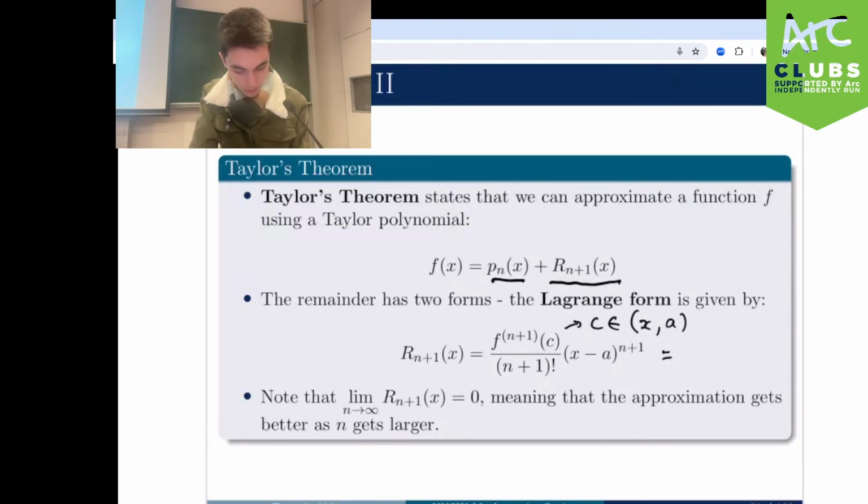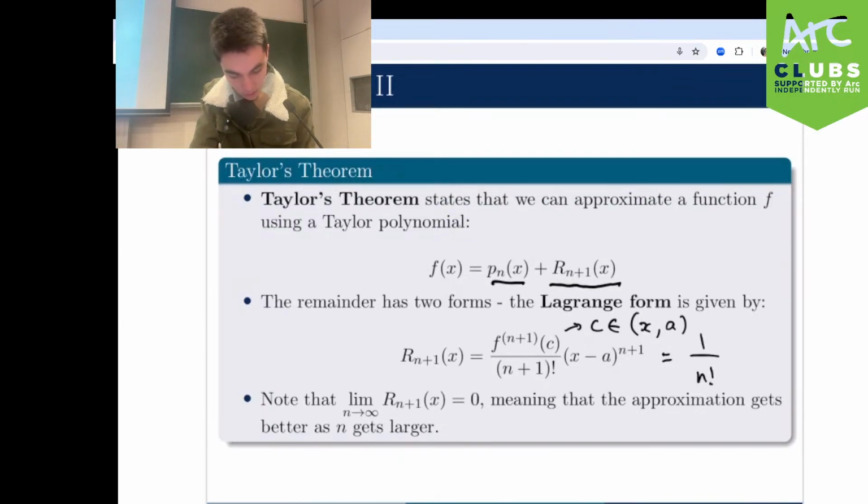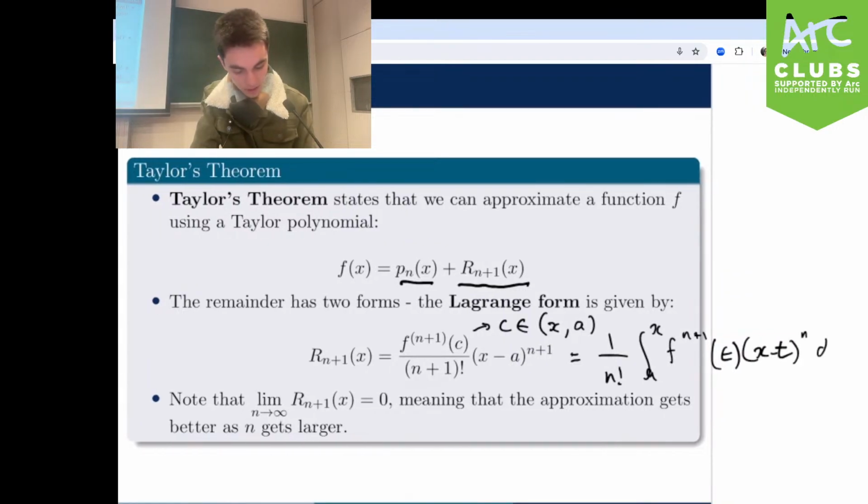If I remember it correctly, it's 1 over n factorial times the integral from a to x of the n plus 1th derivative of f evaluated at t, times x minus t to the power of n, dt. So these are two ways to express the remainder between a function and its Taylor polynomial. These two ways to express it are actually equivalent. You just arrive at the first one from the second one by applying the mean value theorem.